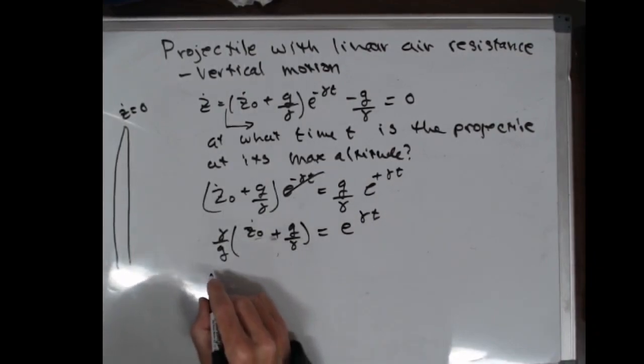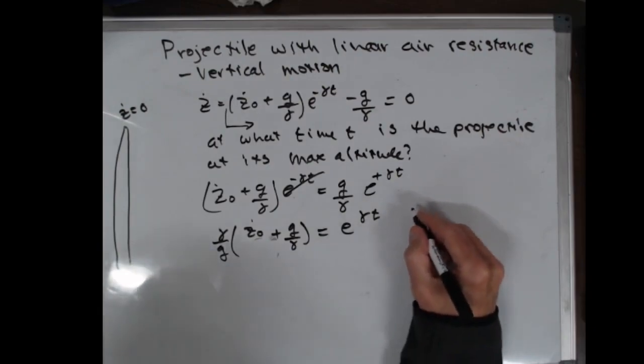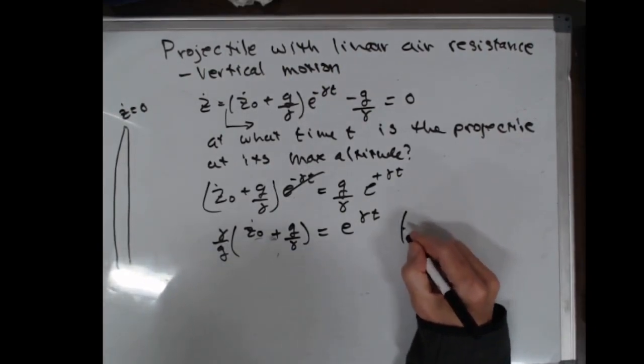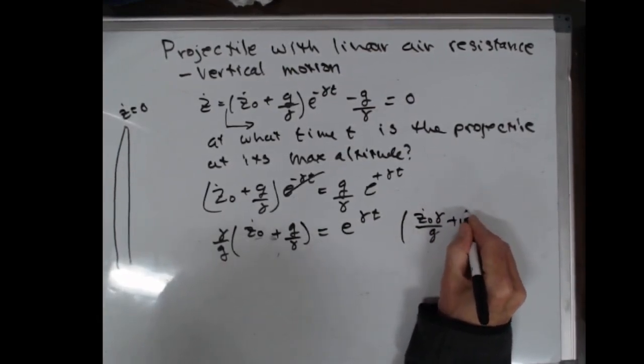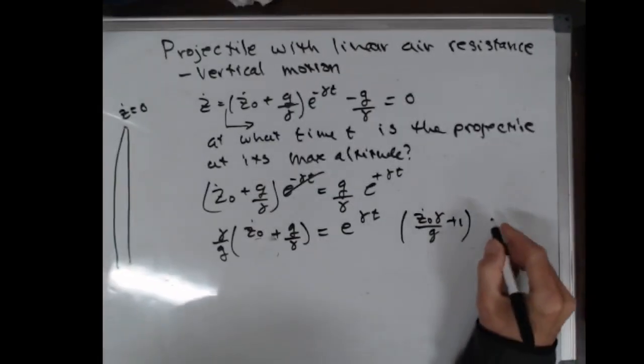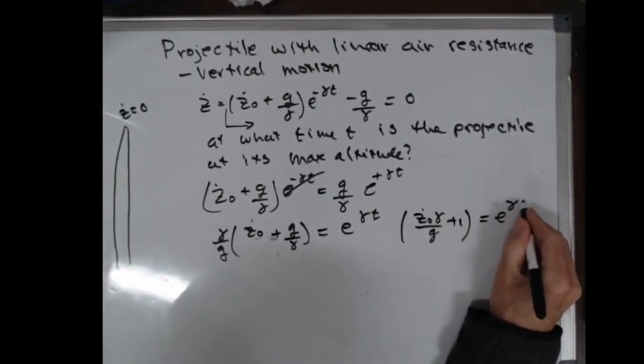I can multiply that through, and this becomes z dot naught gamma over g plus 1, equals e to the gamma t.